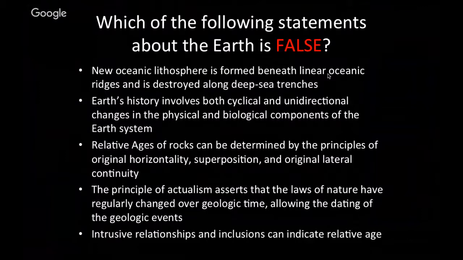And the cyclical changes are sea levels that go in and out, and then seasons. You have that as well. You also have Milankovitch cycles, which dictate where the axis of the Earth points in relation to the orbit. So that is true.